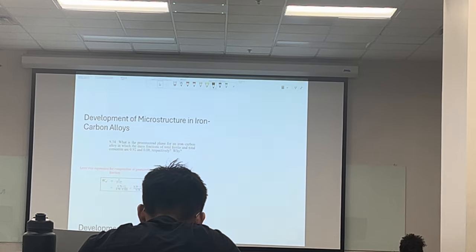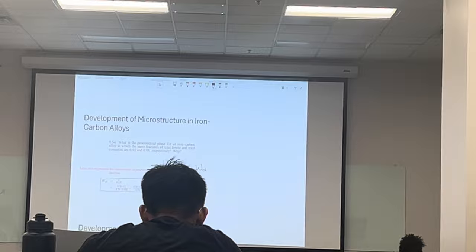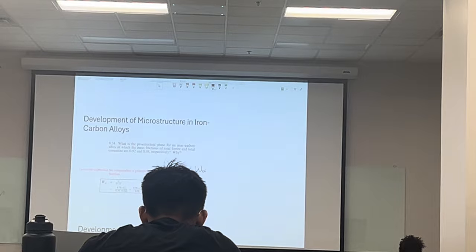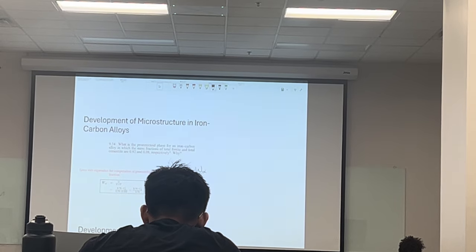Okay, so in this problem, they gave us the mass fractions for the alpha, which should be this right here, 0.2.